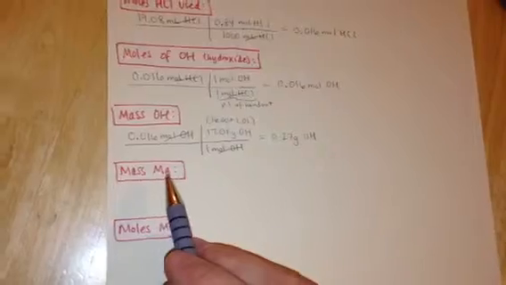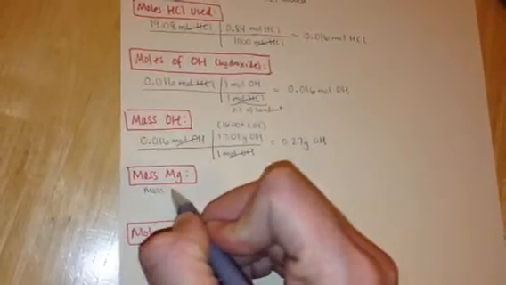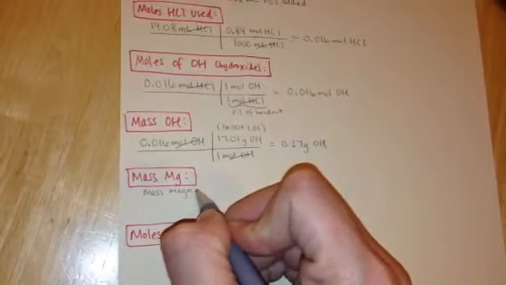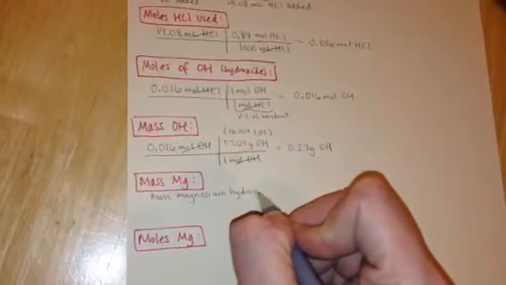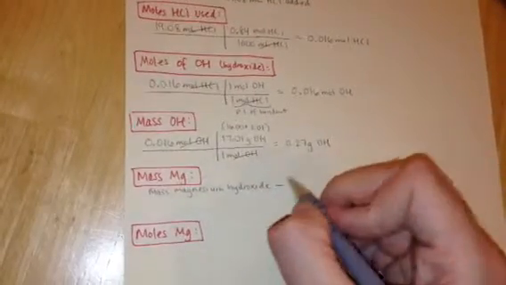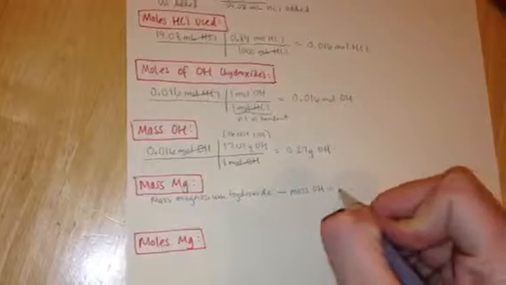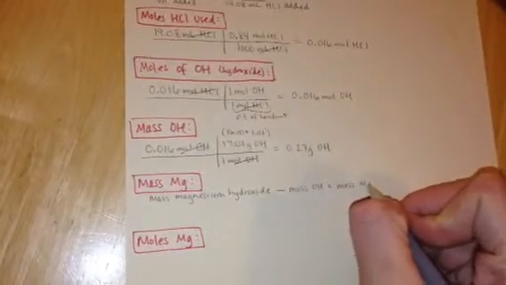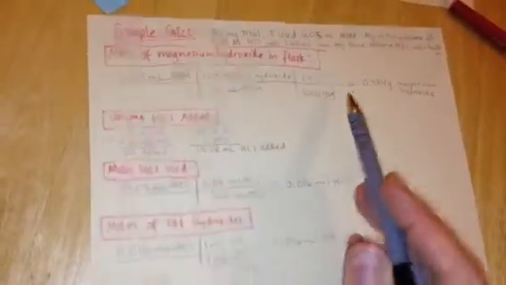The mass of magnesium comes from this little formula. You take your mass of magnesium hydroxide minus the mass of your OH that you just found, and that will equal your mass of magnesium. Well, the mass of magnesium hydroxide was from up above, the 0.484 grams.